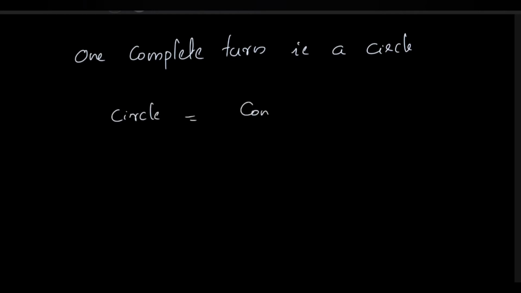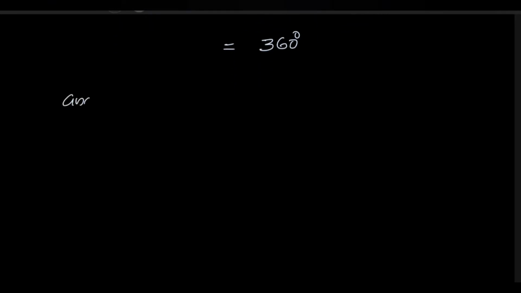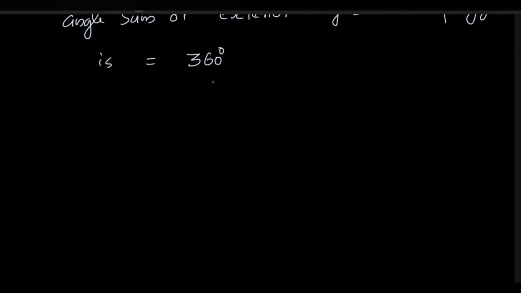It is a complete angle. The complete angle in the case of a circle is equal to 360 degrees. From this it is proved that the angle sum of the exterior angles of a polygon is 360 degrees, and this does not depend on the number of sides of the polygon.